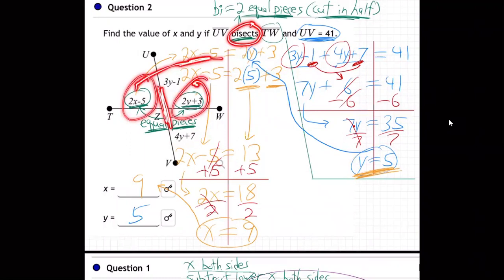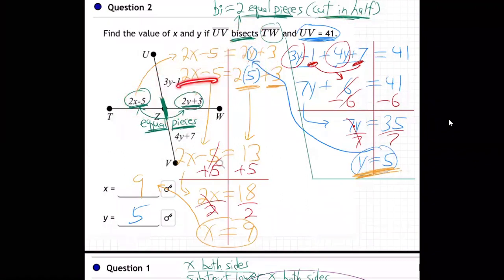That's what bisects means. Equal pieces, cuts in half, 2 equal pieces right in the middle, so that the left and the right parts are equal. So then we said these guys are equal, and we plugged in the answer we found for y. So we got this equation, and we solved for x.